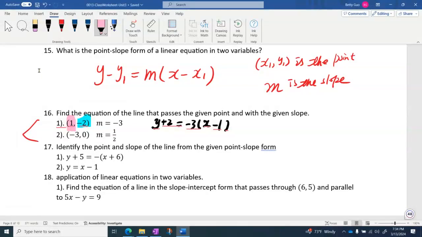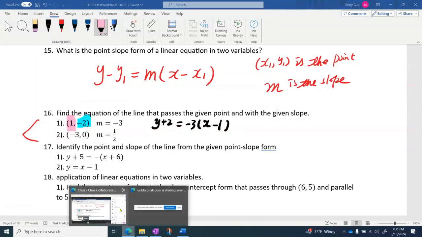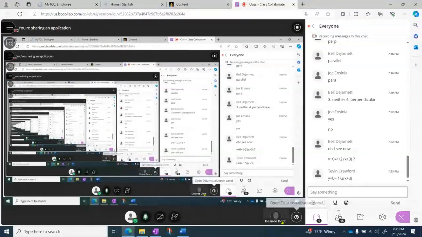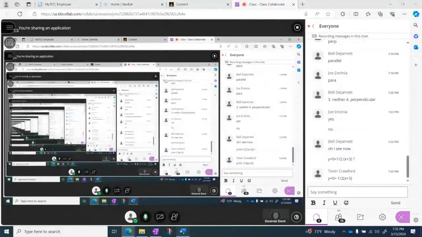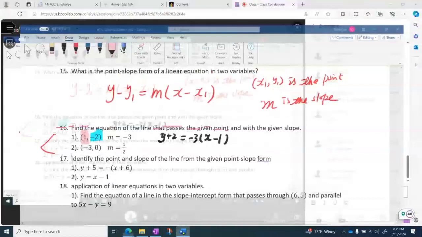What's the point slope form of the line? Point is given, slope is given.